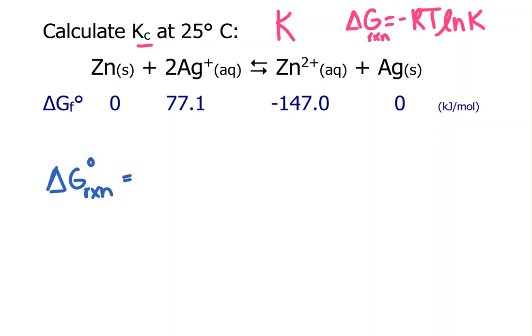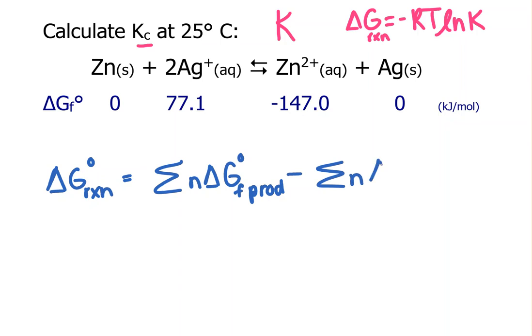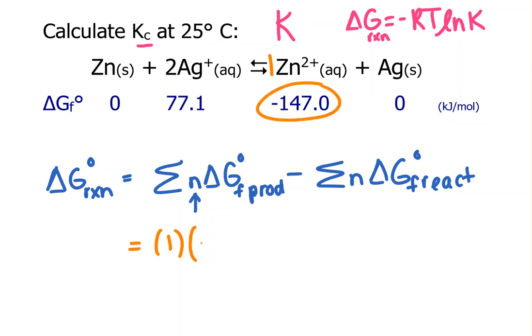And this is where you do products minus reactants. For this N, that's where we use the coefficients. So I'm using this coefficient 1 with this number.